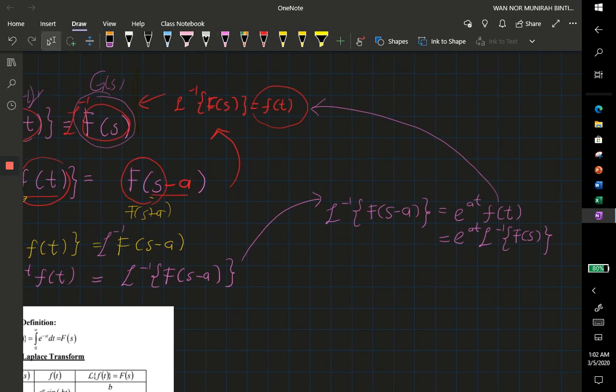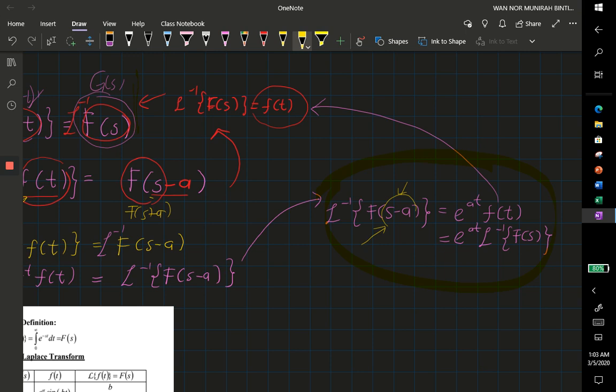So I can conclude from this definition that I have F(s) initially, but this s is replaced by s minus a, which means each time I have s, this s is replaced by s minus a. So that is why I have F(s minus a). Now, I want to take the Laplace inverse of F(s minus a).